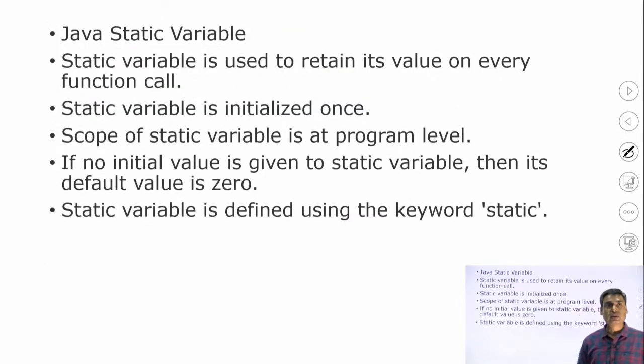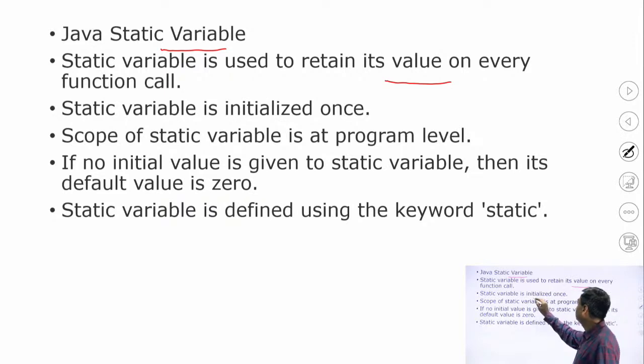Next I am going to discuss the topic of Java static variable. A static variable is used to retain its value across function calls. This is important. Normally when we have a variable and we call the function again, the variable gets its initial value, 0. In the case of a static variable, it maintains the value.